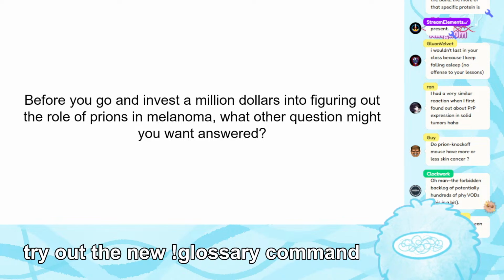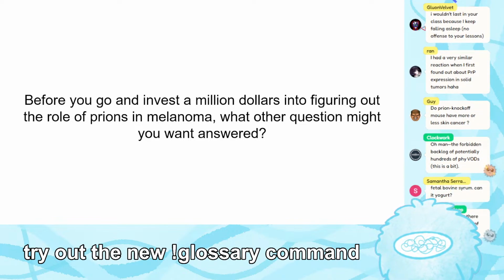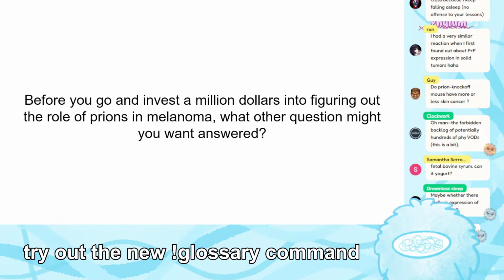It's certainly an interesting experiment, but before we can confidently do that one, we need to make sure of something else. Maybe whether there's really expression of prion protein in skin. That's good, but a little too far back. Something closer to the cancer question, actually.